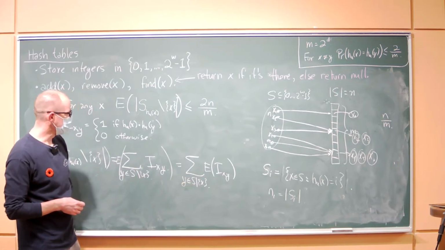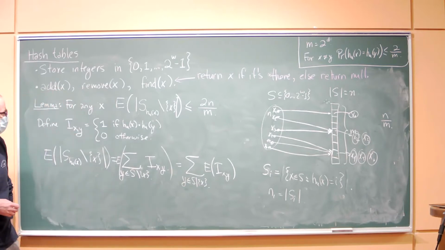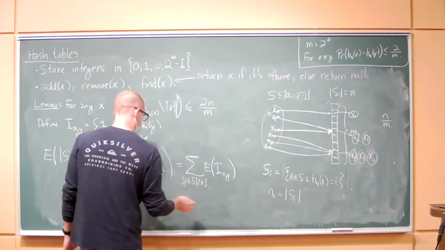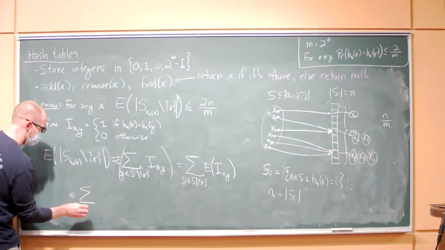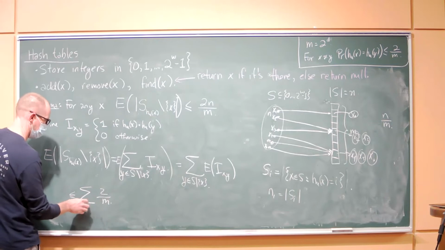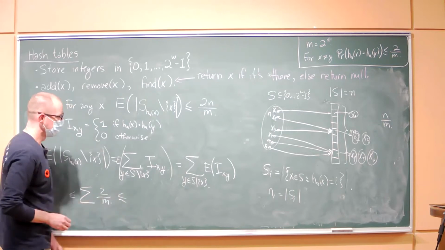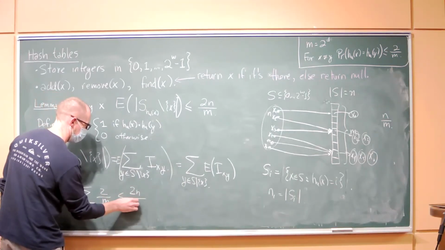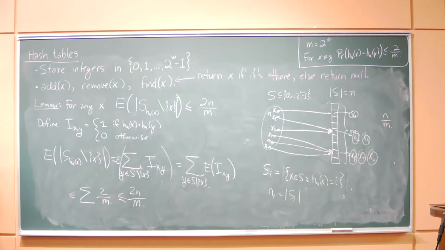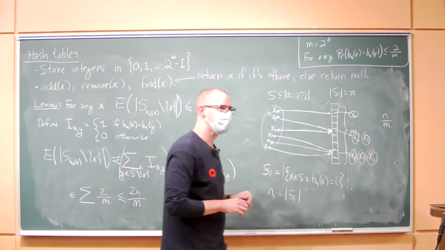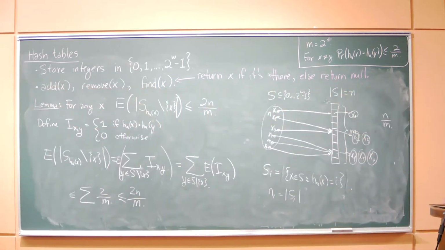So the probability that this thing is equal to 1, which is equal to its expected value, is at most 2 over m. Okay. So that's less than or equal to that sum, 2 over m, and that sum has at most n values in it, so 2n over m. It either has n values or n minus 1 values, depending on whether or not x is in the set. Okay. Good. So that's nice.